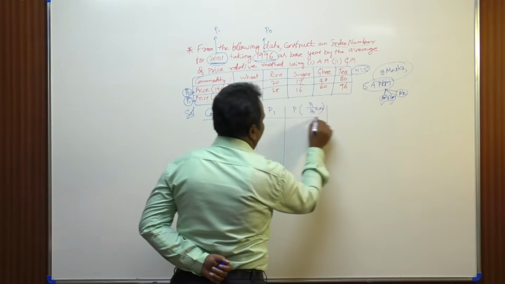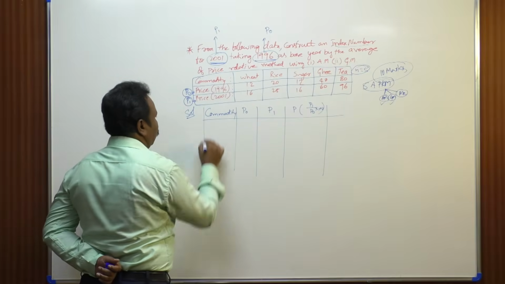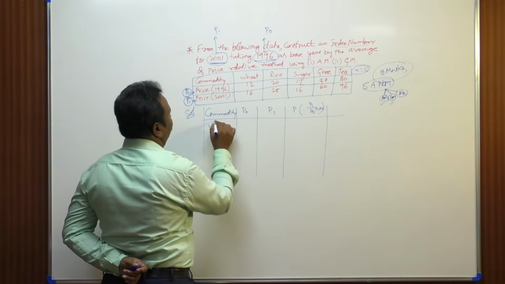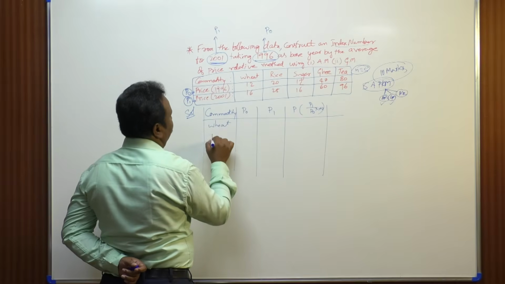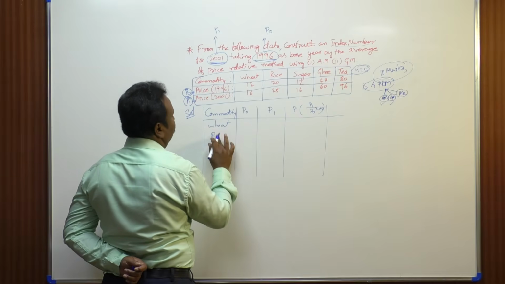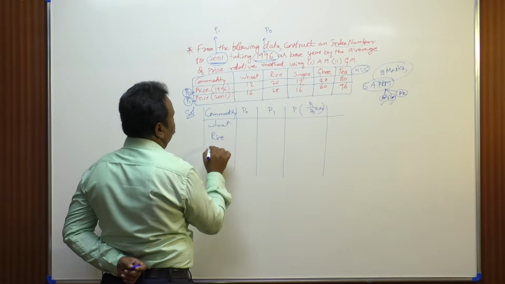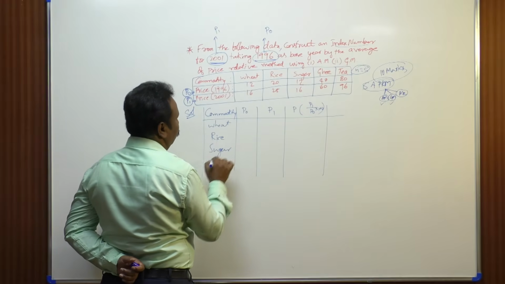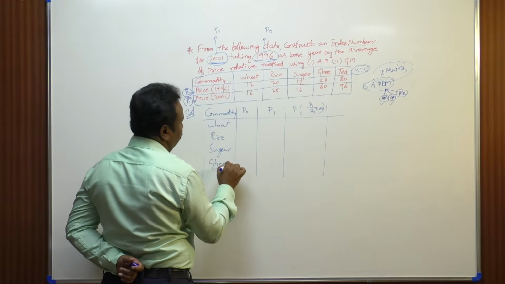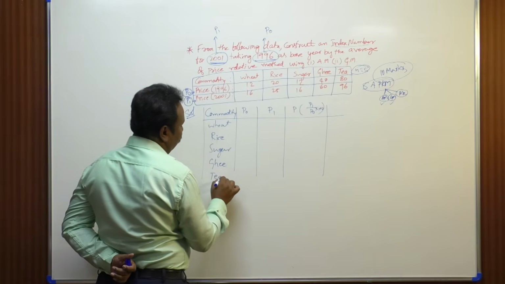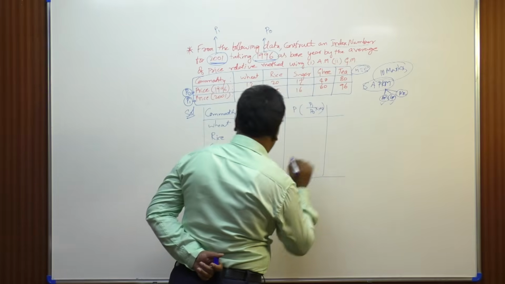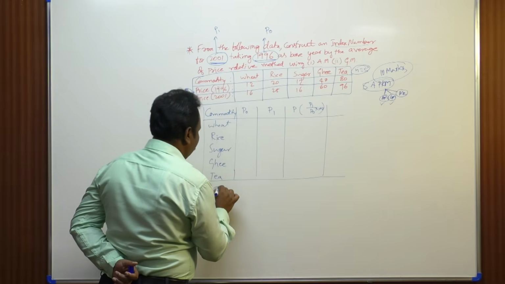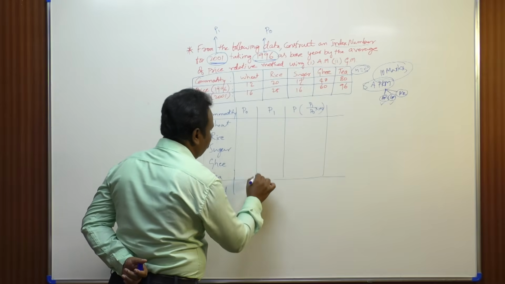Commodities: wheat, rice, sugar, ghee and tea. Then the total, that is nothing but sigma.